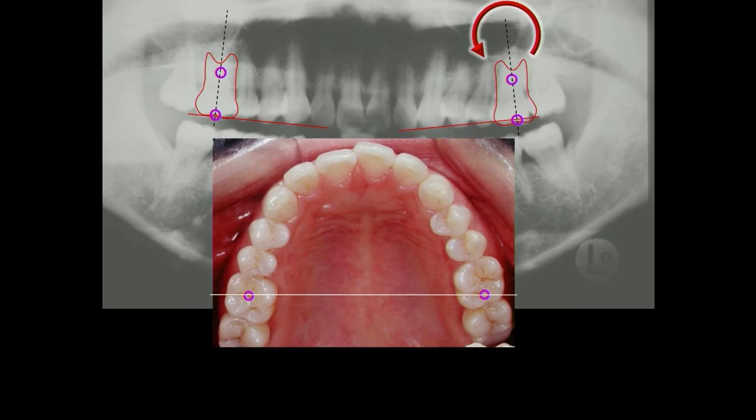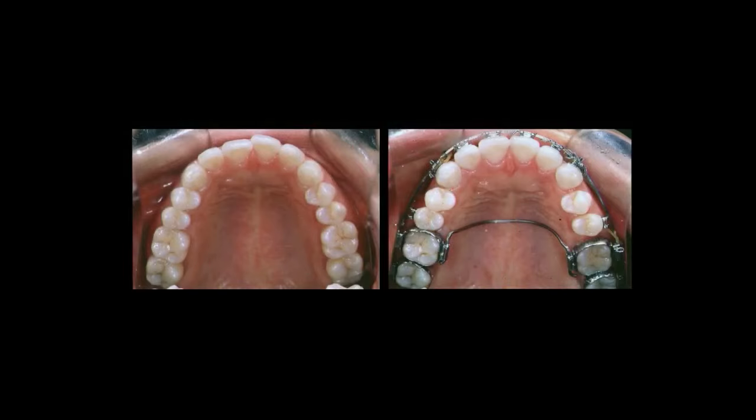That means only a couple is necessary to correct the molar relationship, not distal force. Therefore, unilateral tip back and unilateral tip forward mechanics of lingual arch was used.